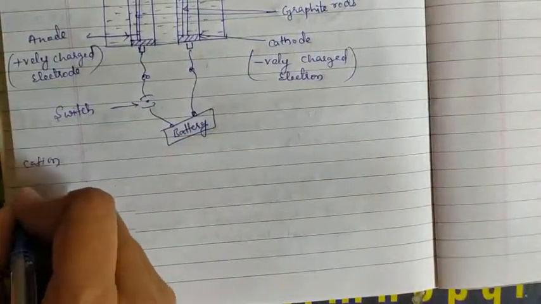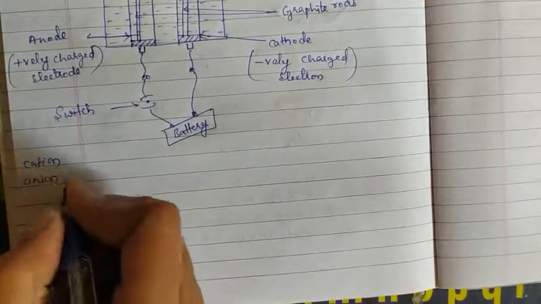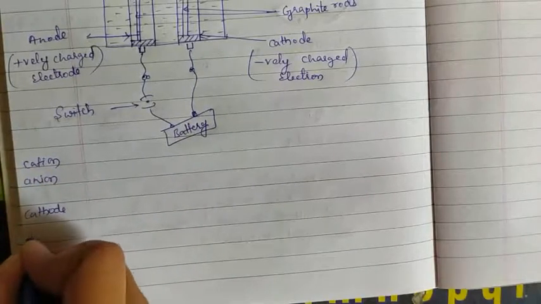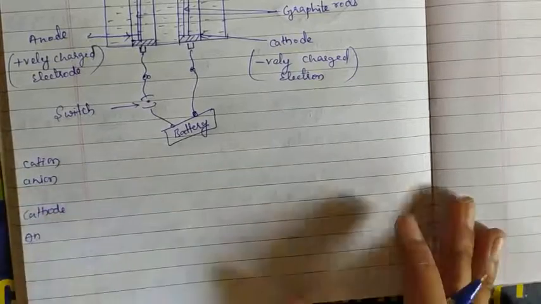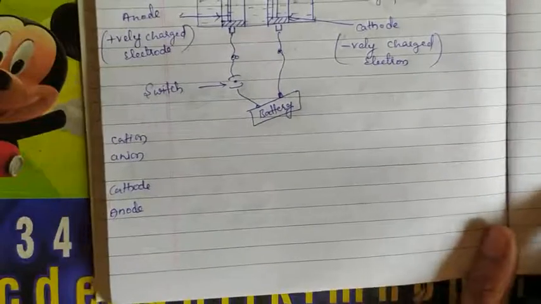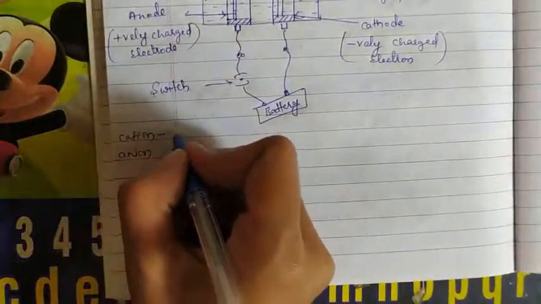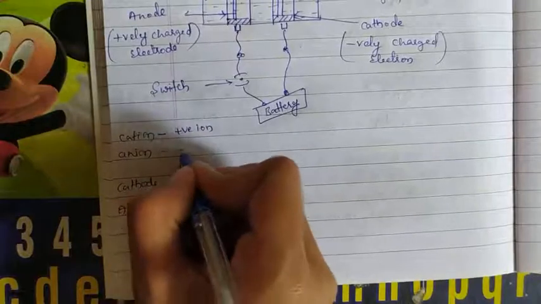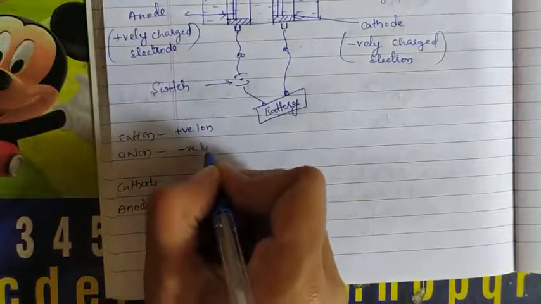Okay, cation means positive ion, positively charged ion. Anion means negatively charged ion.